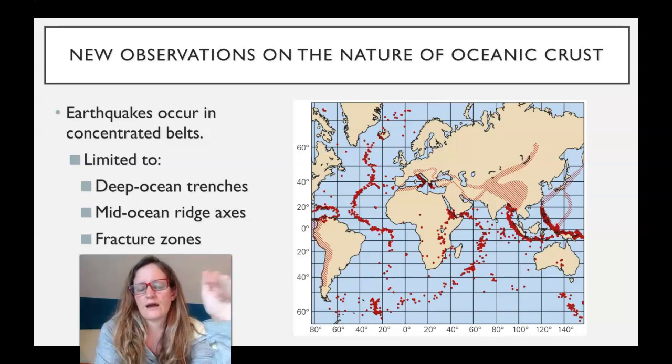The same thing around Africa and through Indonesia and into the Pacific. So the earthquakes are in these linear belts, and earthquakes form where the Earth's crust is moving and it's breaking. And so those places are the active plate boundaries.